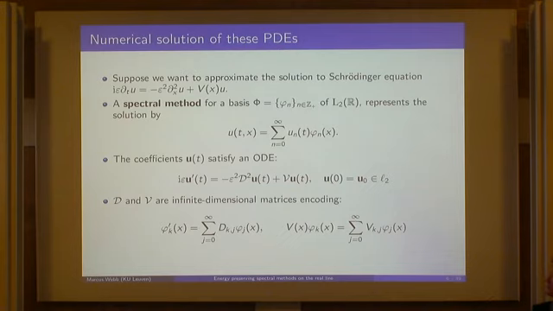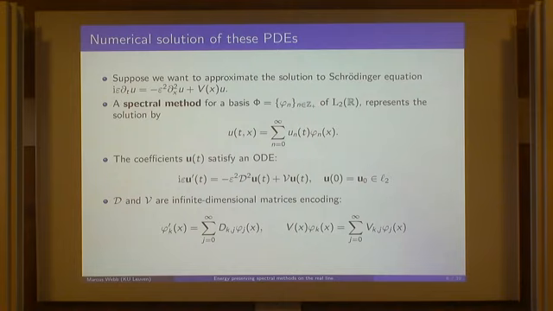Okay. Now, let's suppose we want to approximate the solution to the Schrödinger equation using a spectral method. So we would take a basis, which we'll denote phi n, of square integrable functions on the real line, and we represent our solution as an expansion in that basis.